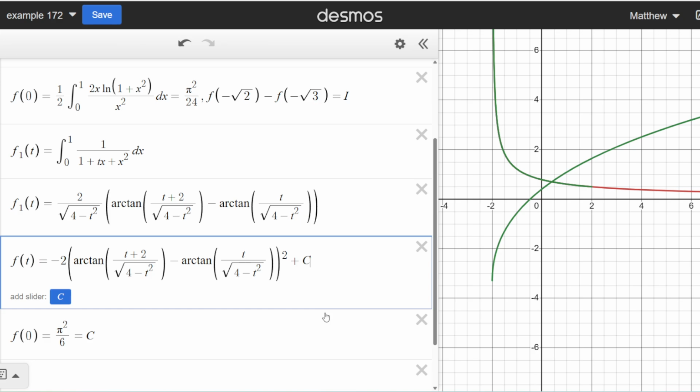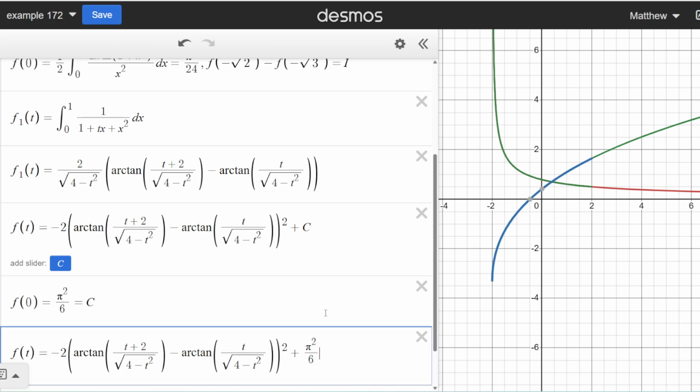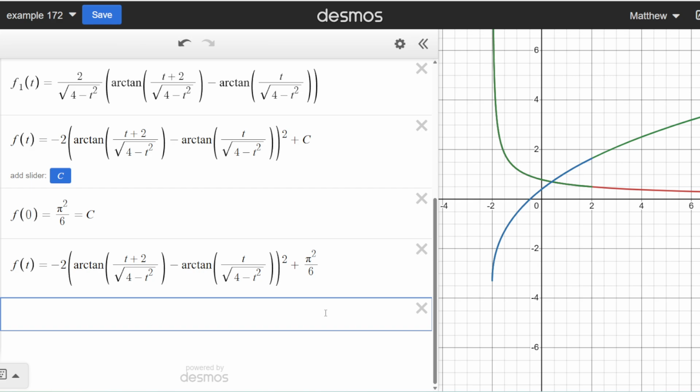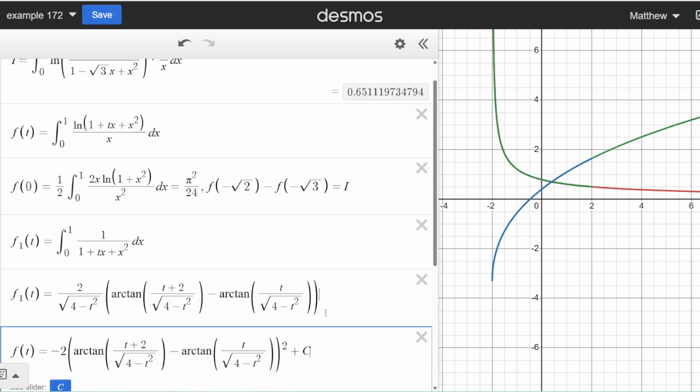C is equal to pi squared over 6. All right, let's see if that worked. Should have. Yeah, okay. So, all right. Let's plug in t is equal to all that stuff. All right, so we have this. I is equal to this.